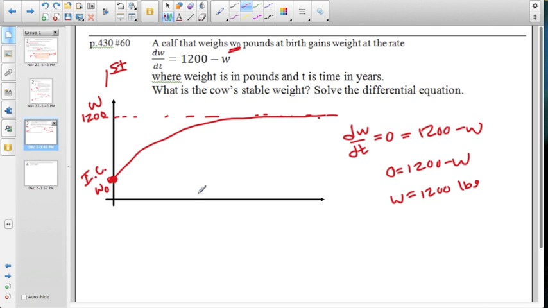If we take a look at this, this one isn't really too tough to solve. We actually can separate the variables without too much difficulty.